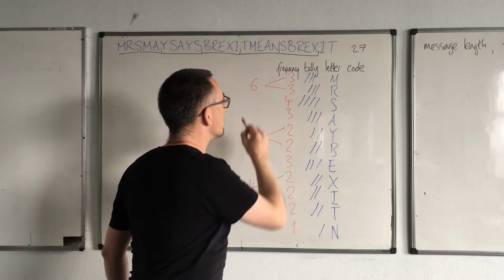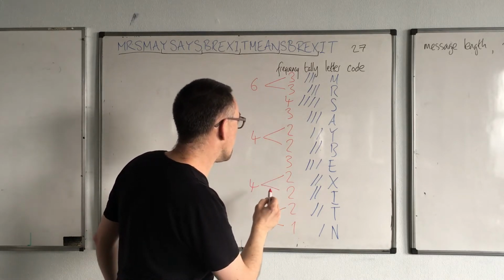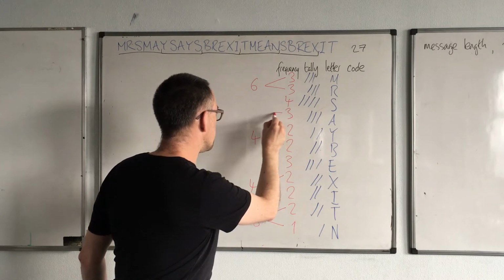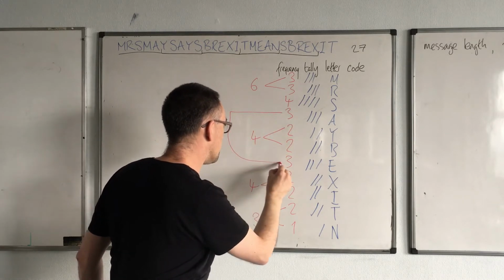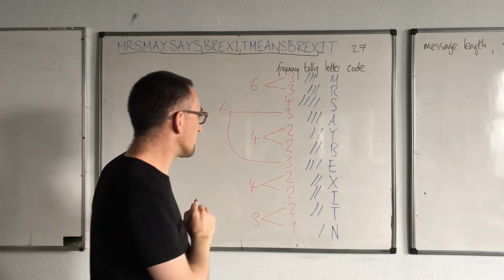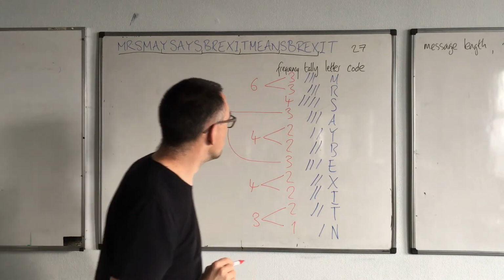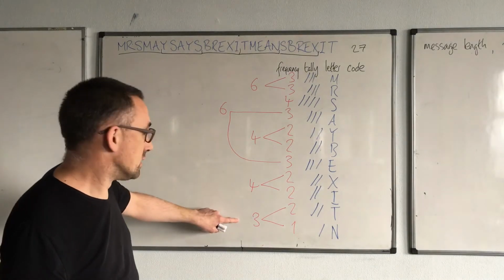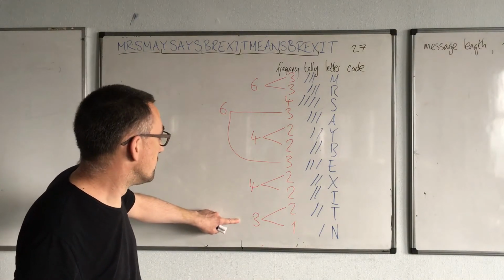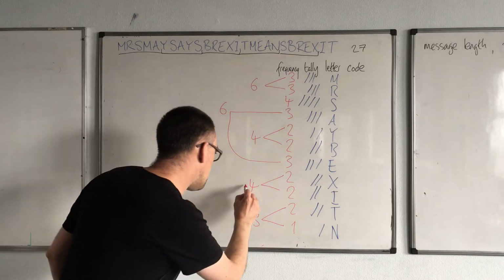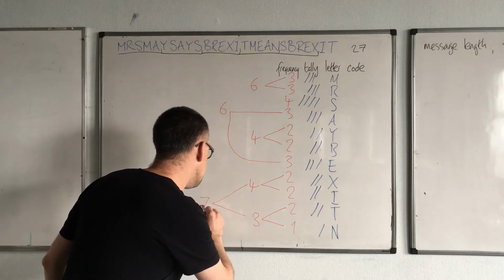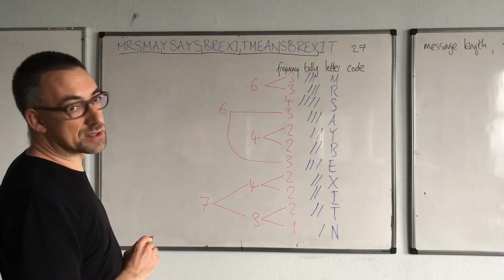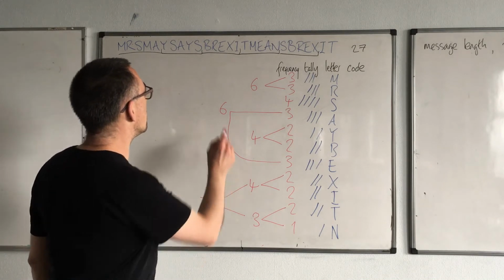2 3s make a 6. Oh, this is trouble. Another 2 3s make another 6. You've got to be careful to spot those. And we still have 1 3 left, which will pair up with a 4 to make a 7. That's a side of 3s, but we've still got a pair of 4s.